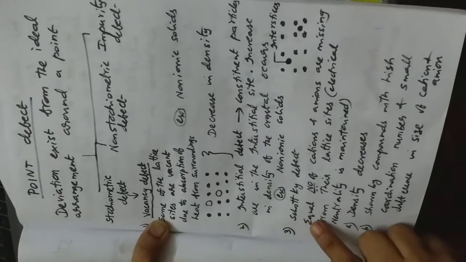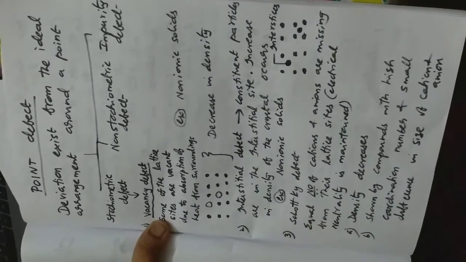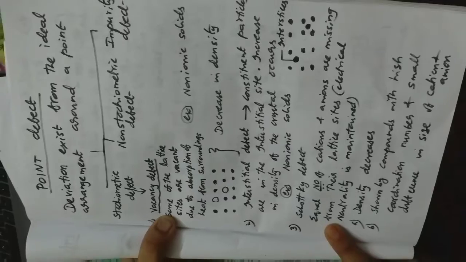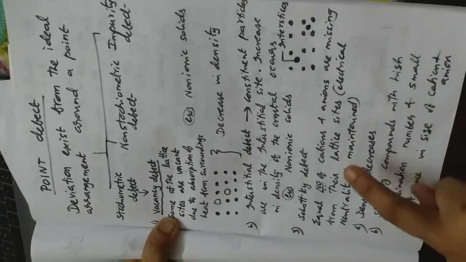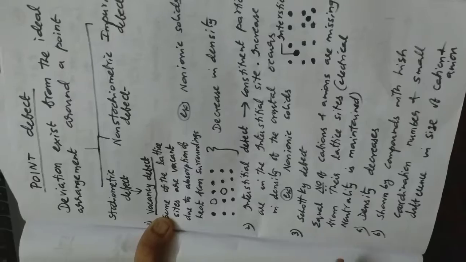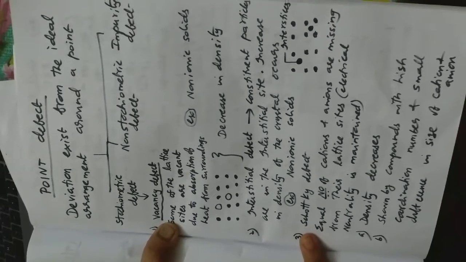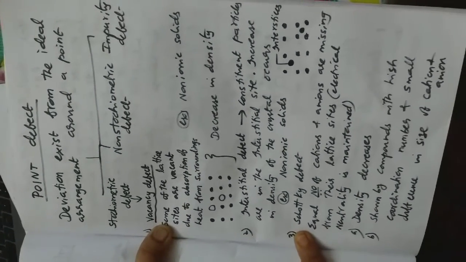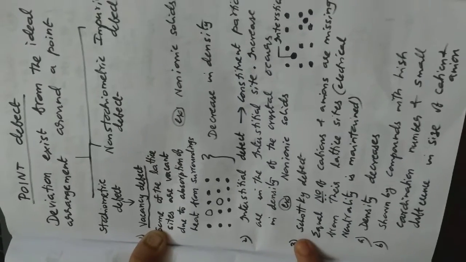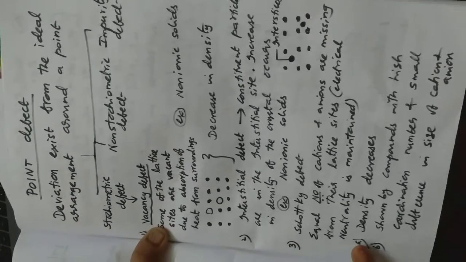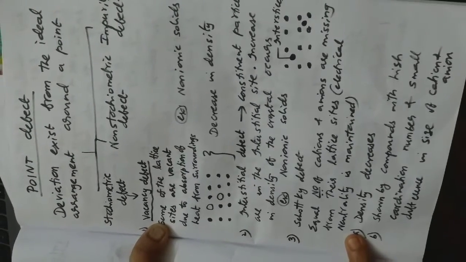And the third one is Schottky defect. Schottky defect means an equal number of cations and anions are missing from their lattice sites, and electrical neutrality is maintained. This defect you can see in the case of ionic solids. If both cations and anions in equal number are missing, it is Schottky defect. Because of the Schottky defect, the density of the crystal decreases.